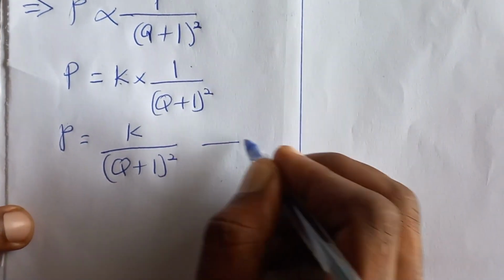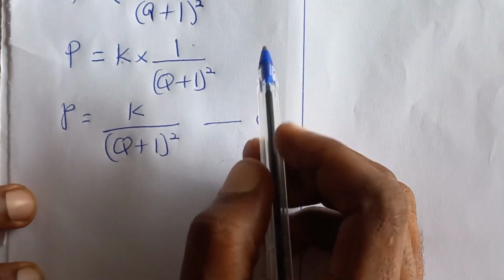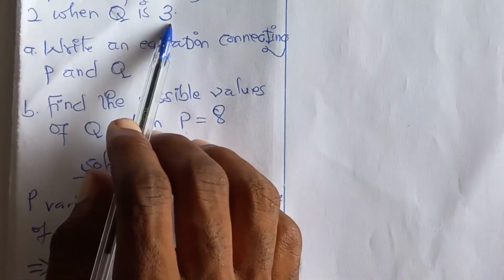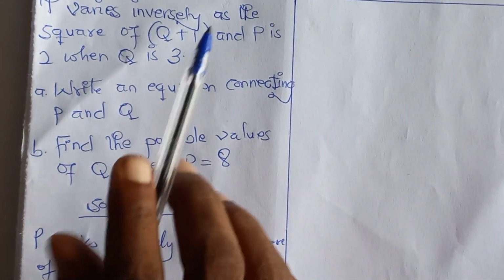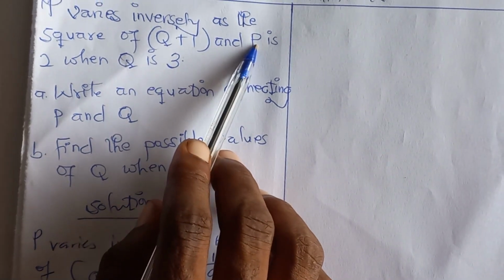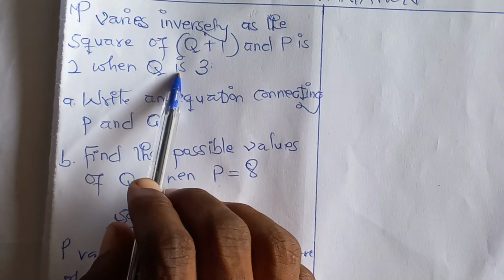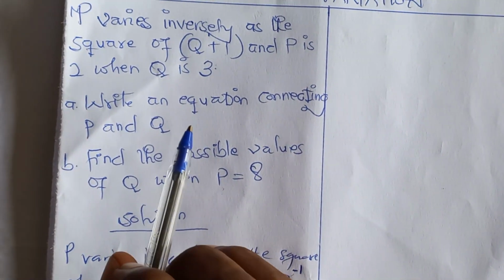So you can say that this is our equation 1. And don't forget, in the question, it said that P is 2 when Q is 3. So don't forget, always use these figures to find the constants, okay? To solve for the constants, to make the equation complete.